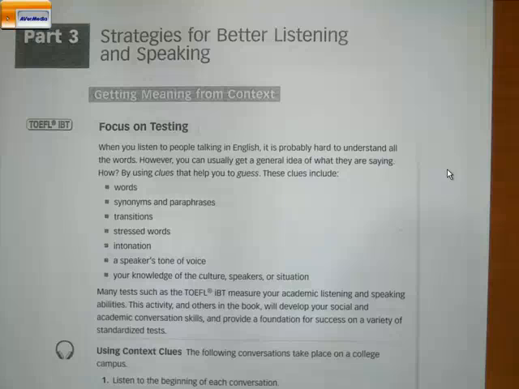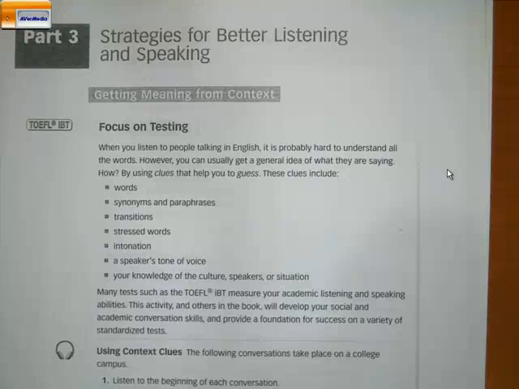From the context, you should be able to answer questions. When you listen to people talking in English, it is probably hard to understand all the words. However, you can usually get a general idea of what they are saying. How? By using clues that help you to guess.